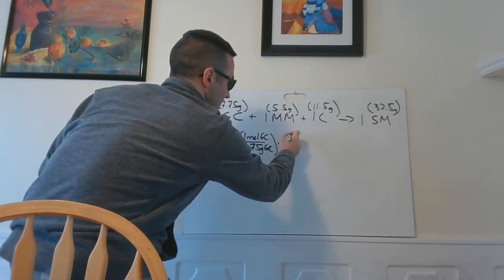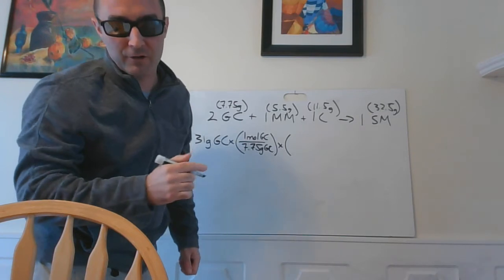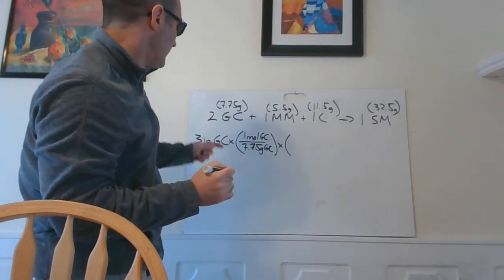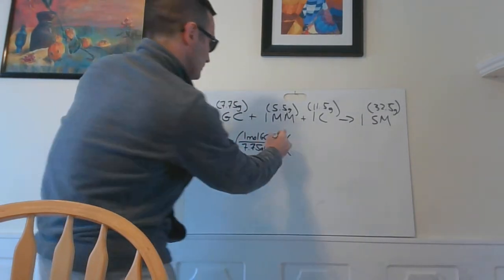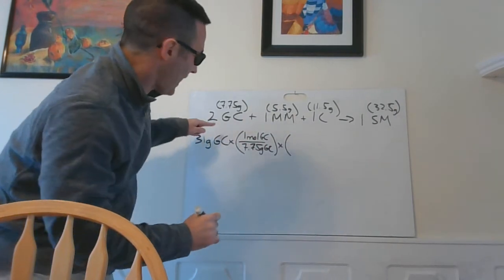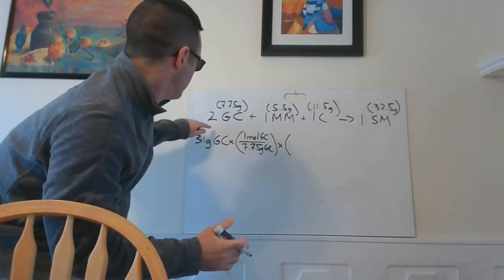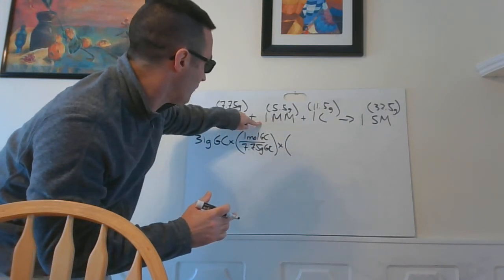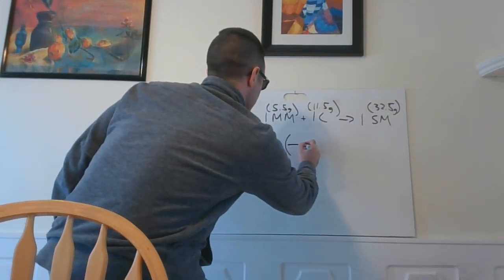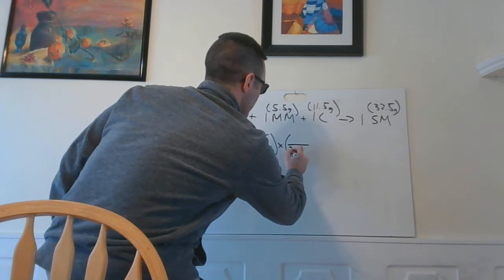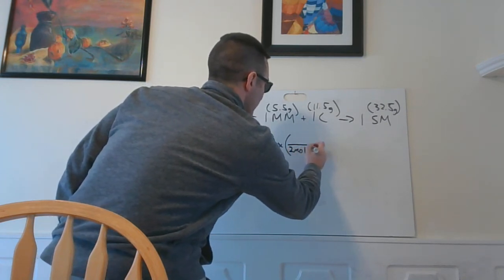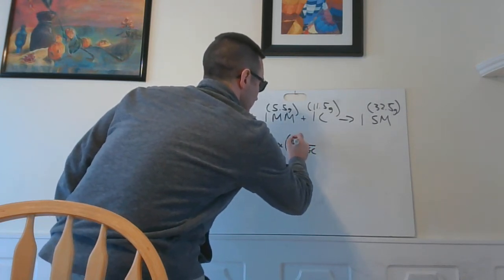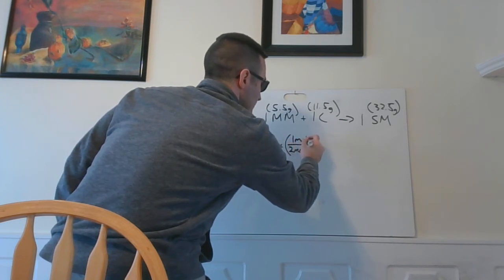Well, that's all good. Now, what am I doing? Well, I'm doing what I was doing before. In my recipe, 2 moles of graham cracker need 1 mole of marshmallows.